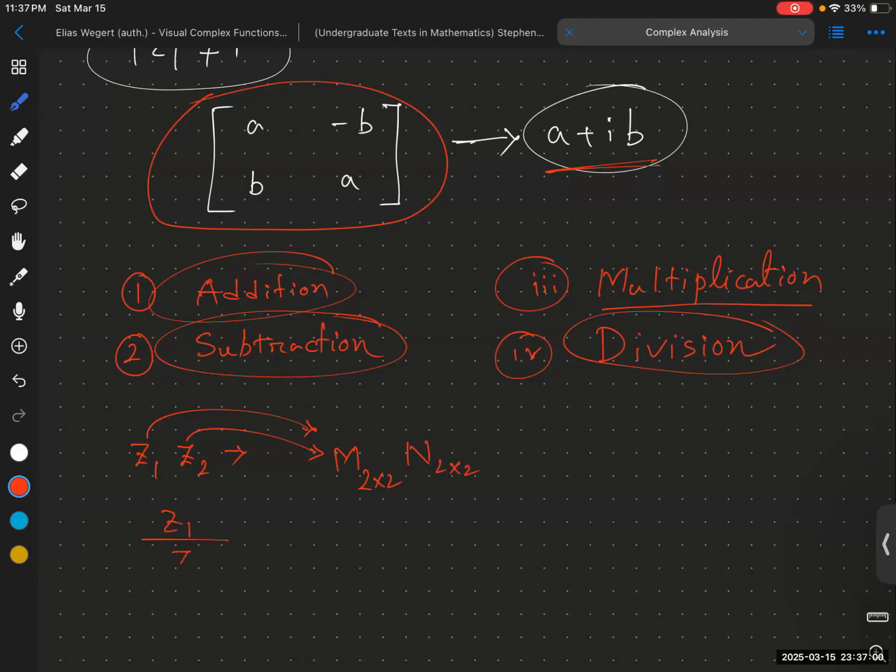And Z1 divided by Z2 means Z1 has matrix representation M, 2 times 2, and Z2 has matrix representation N, 2 times 2, but as we are dividing Z1 by Z2, this should be M times N inverse. Okay. So these are the properties, and all these properties are exactly the same. So we can basically represent a complex number in a matrix representation like a, minus b, b, a.